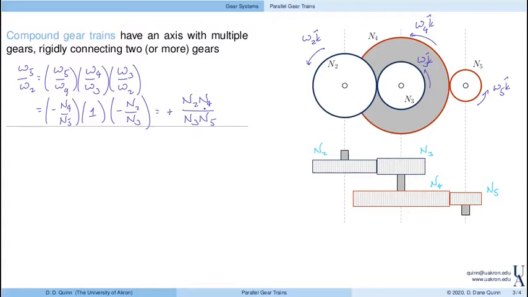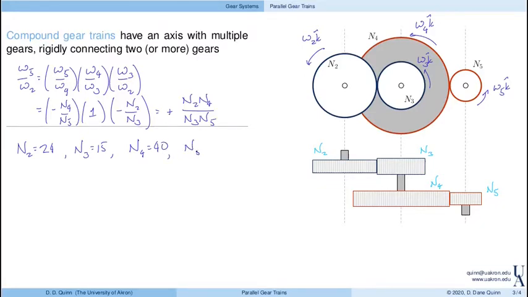So now, how do we calculate these? Well, if we're given the number of teeth, then we can immediately determine the gear ratio. So let's look at an example. Imagine that N2 is equal to 24. Let's take N3 to be 15. N4, let that be 40.